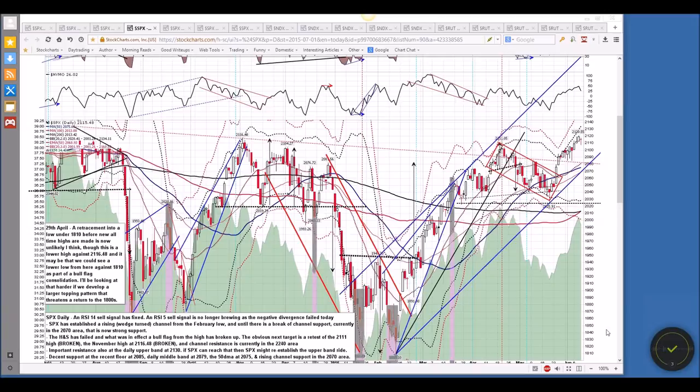The first one would be in the 1940 area, and the other one would be in the 1910 area, I think. Might be as low as 1900. But this is the potential pattern, and the support level for that would be at 2025. That's the potential topping pattern we're looking at here. And if we go into the low 1900s, then this is the way we would do it.